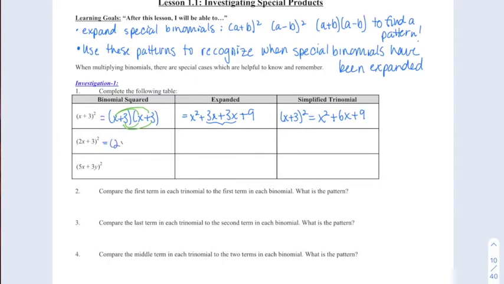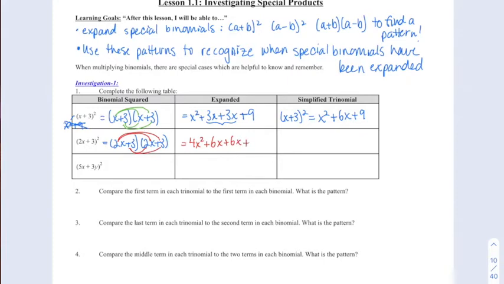Let's try another one. So be really careful. There's a common mistake here. Some people think this is just x squared plus 9, but it isn't. You have to actually write the terms out twice and multiply them. So 2x times 2x is 4x squared. 2x times 3 is 6x. 3 times 2x is 6x.